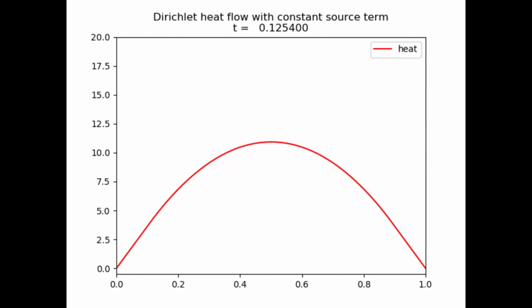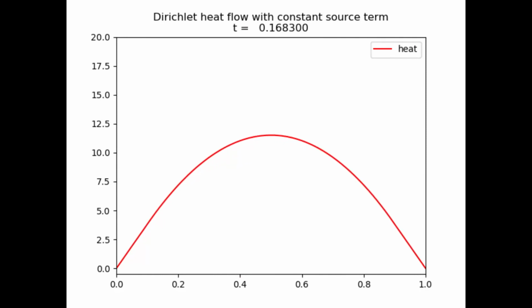Again, we take a look at a heat distribution that is initially 0, but then gets charged up, so to speak, by a constant source term, which is piecewise constant: it is 0 in the proximity of the endpoints of the interval, but constant equal 1 within a centered slice of the interval.